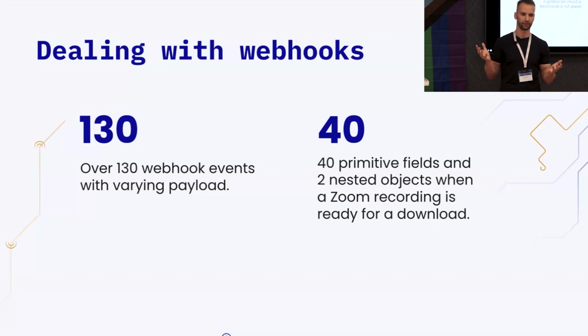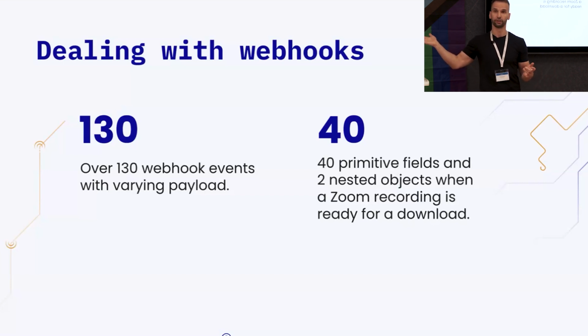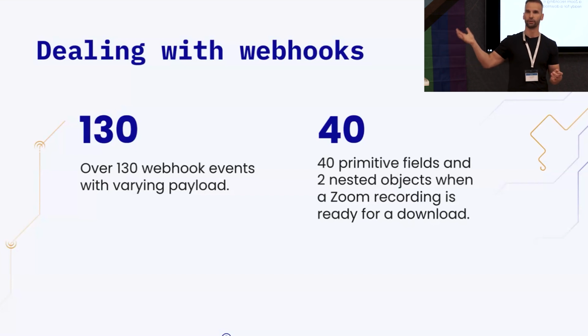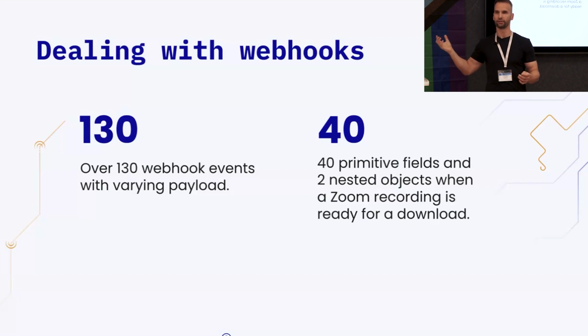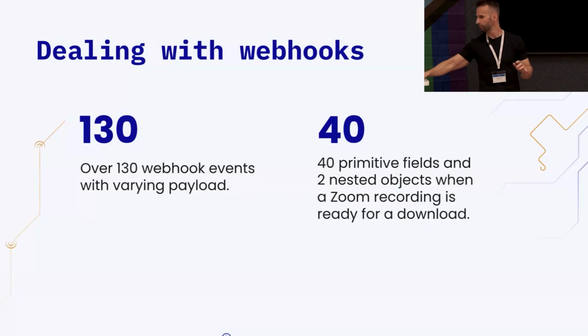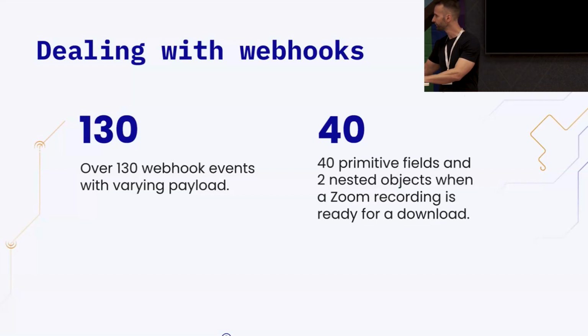For instance, right now we're recording this meeting, right? Once the meeting is over and there is an application that's signed up or listens for the recording completed event, it will receive information about the recording, and that will be about 40 fields with some nested objects in it.